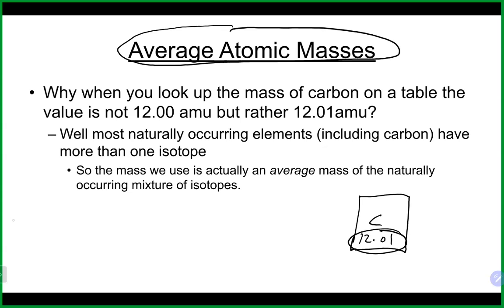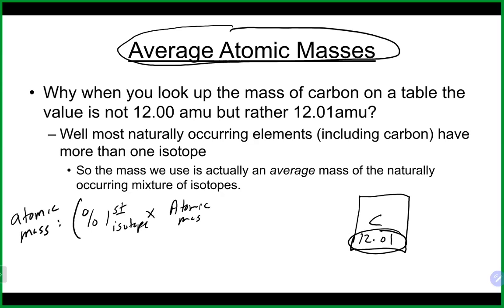So if you wanted to do that calculation, the way that you do it is, for the atomic mass, you would take the percentage of the first isotope of that element. You then would times it by the atomic mass of the first isotope.